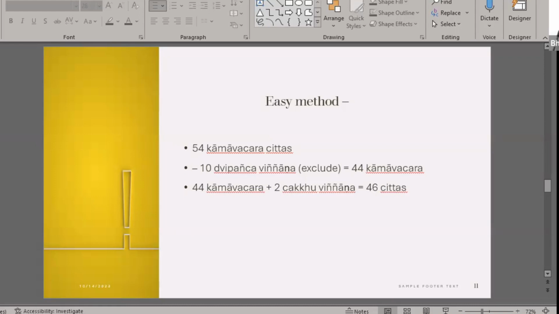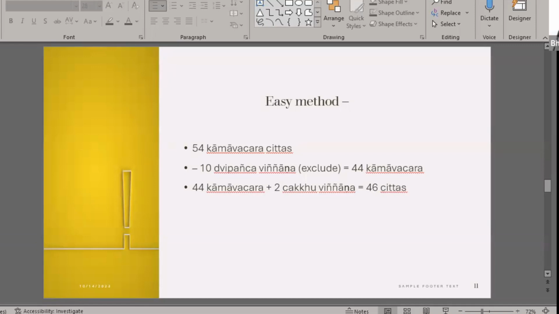For ear-door, first we take 54 kamavachara chittas, exclude 10, that is 44. Then for ear-door, add the ear-door consciousness, 2 sota viññāna. 46 chittas for ear-door.